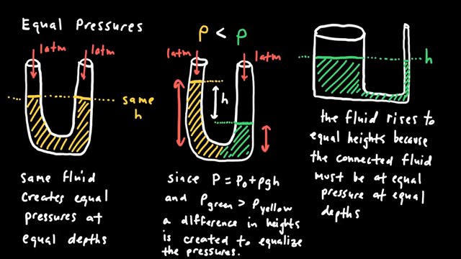The weight of the fluid on the left is obviously much more than the weight of the fluid on the right, but it rises to equal heights because this is a connected fluid, and in that connected fluid all throughout the bottom there, the pressure of the fluid has to be equal. And the way that is created is by having the fluid rise to equal heights on either side of the container.